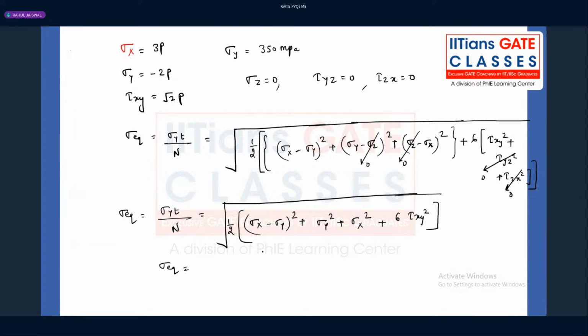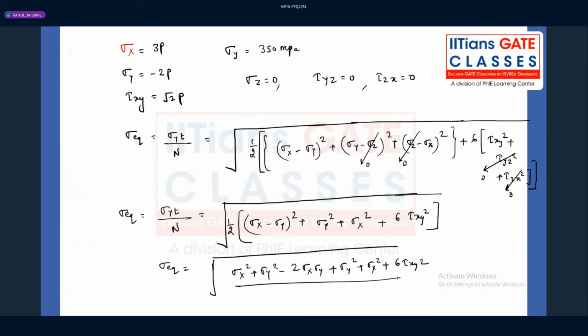What is the sigma equivalent, guys? Again, if you try to open the bracket, then what you can get here? Sigma x square plus sigma y square minus 2 sigma x sigma y plus sigma y square plus sigma x square plus 6 tau xy square whole divided by 2, because 1 by 2 we have already taken common, right?